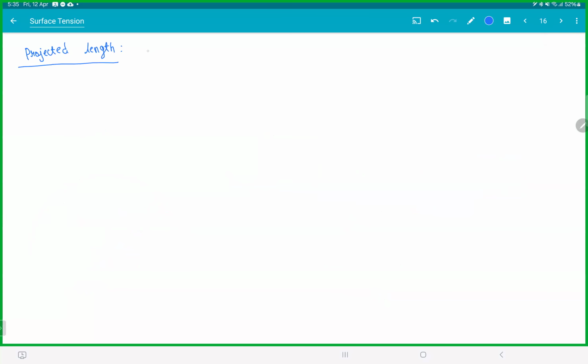So projected length is basically a line which makes an open curve into a closed curve. Quite a useful concept.